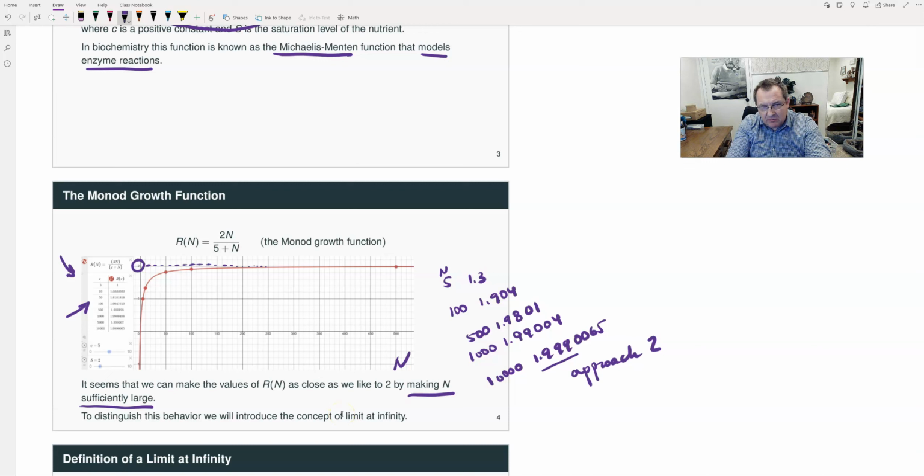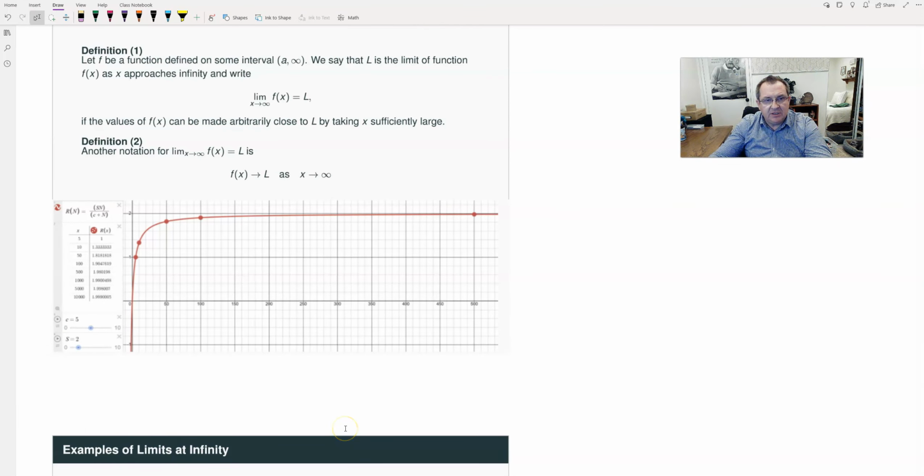We would like to distinguish that behavior, when a function approaches a particular value as the variable gets larger and larger and larger. To distinguish this behavior, we will introduce the concept of limit at infinity. So here's the definition. Suppose we have a function that's defined on some interval that includes infinity.